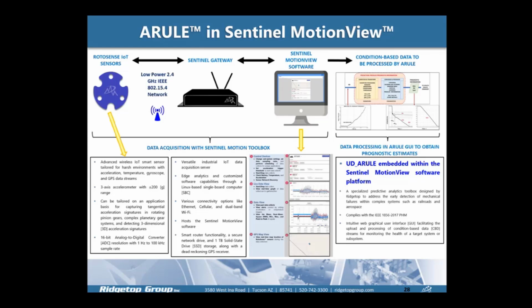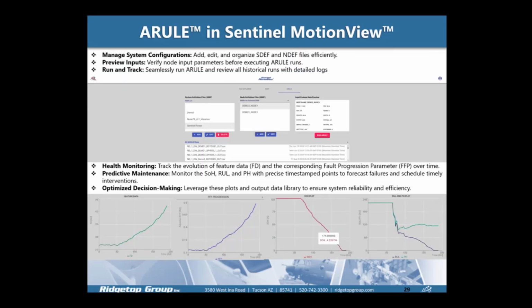Shown here is what ARULE looks like in the Sentinel Motion View software application. One can manage system configurations, so the SDEFs and NDEFs, preview the inputs, and then run and track the ARULE runs.